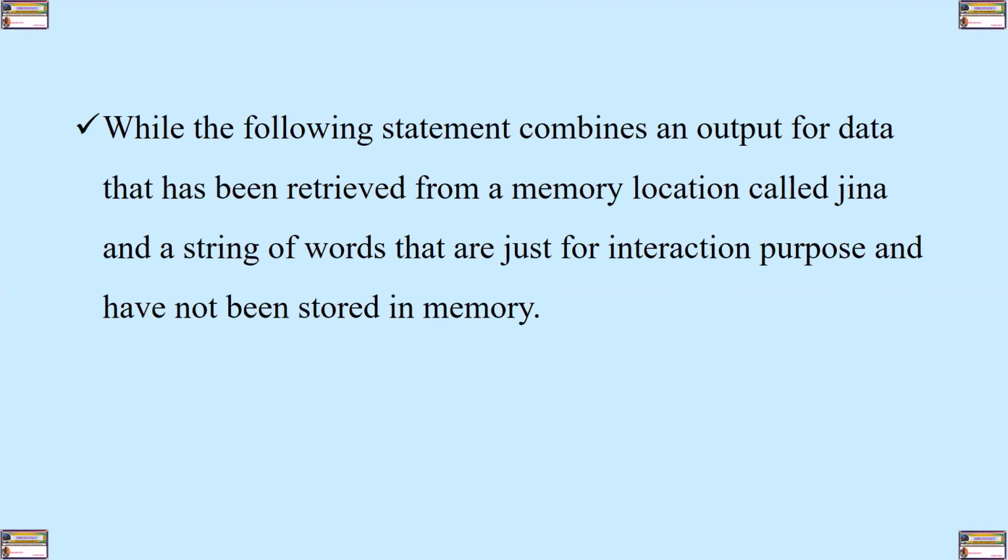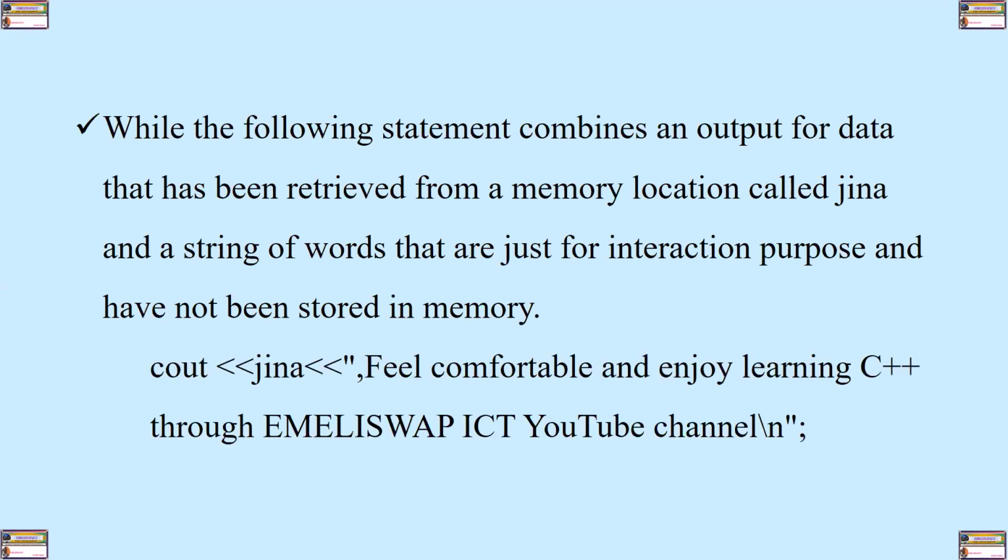While the following statement combines an output for data that has been retrieved from a memory location called Gina and a string of ones that are just for interaction purpose and have not been stored in memory. So in this statement here, we can see cout, then we have the insertion operator, Gina, insertion operator.